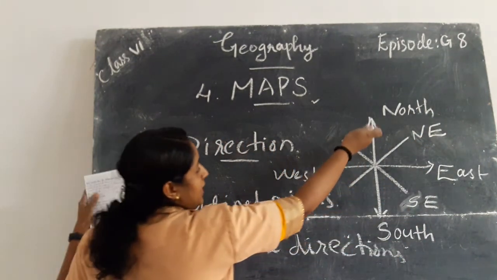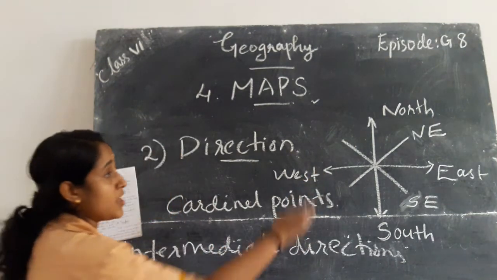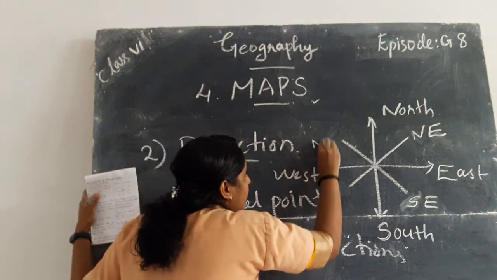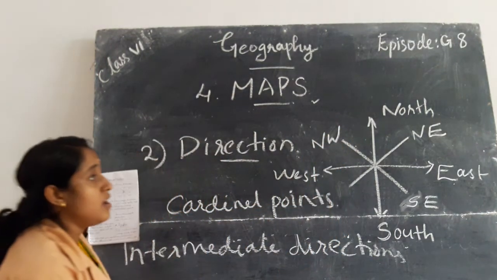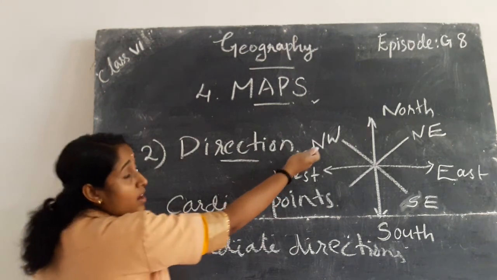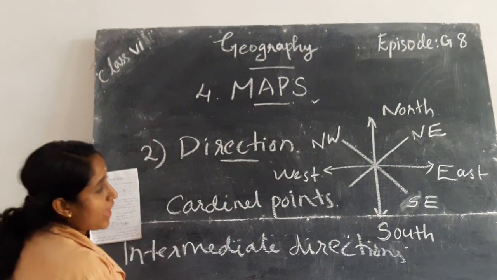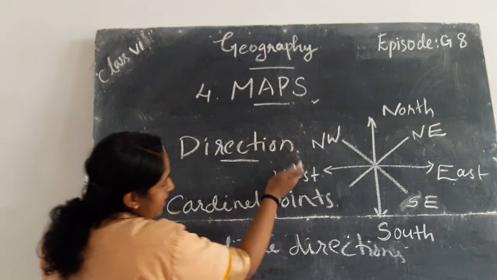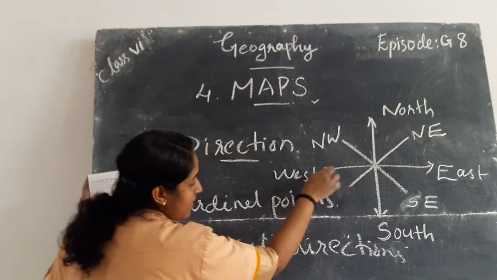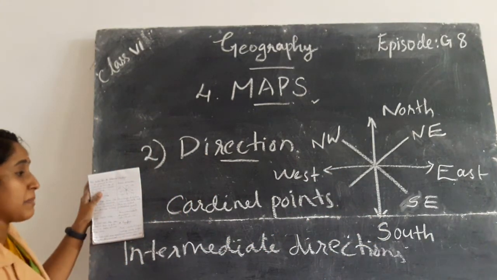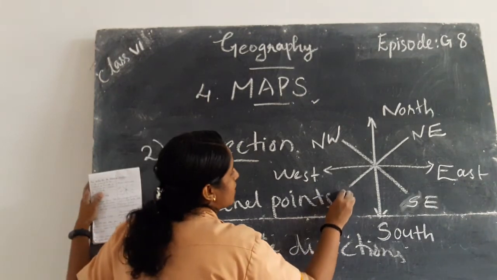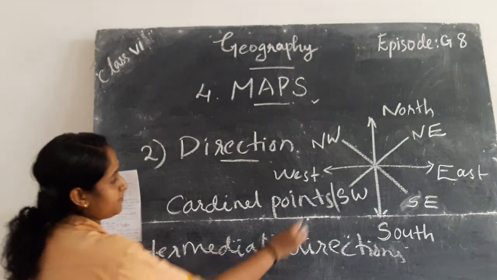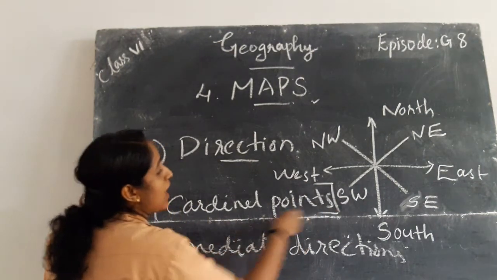Between north and west, the intermediate direction we call northwest. Then the last one is between south and west, and we call that intermediate direction southwest.